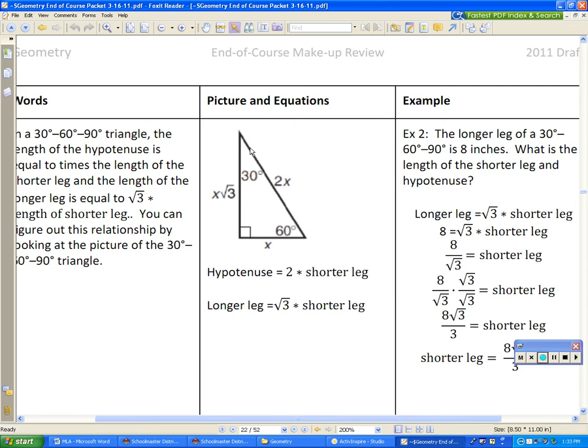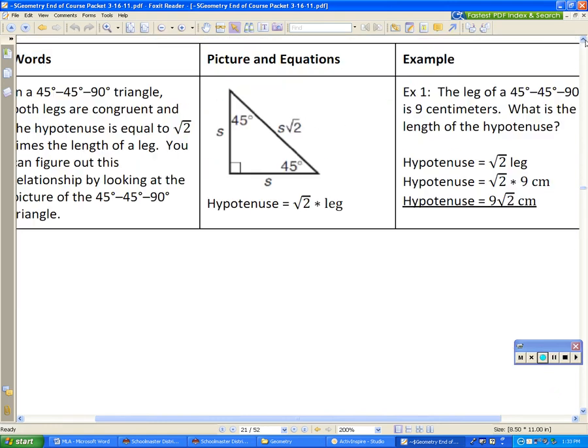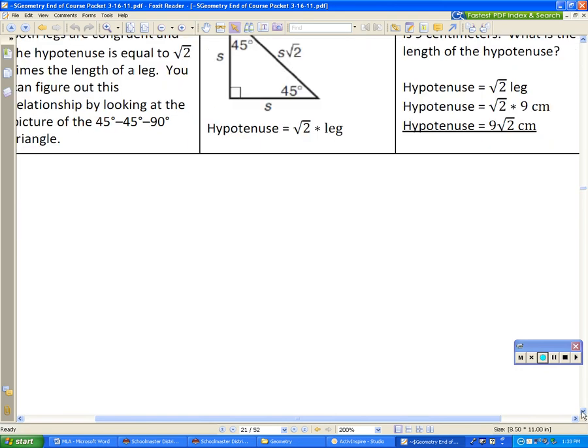It's always easy for me to remember this because 30 has a 3 in it, and square root of 3 has a 3 in it. And for 45, 45, 90, these two sides are the same, and this has a square root of 2 in it.